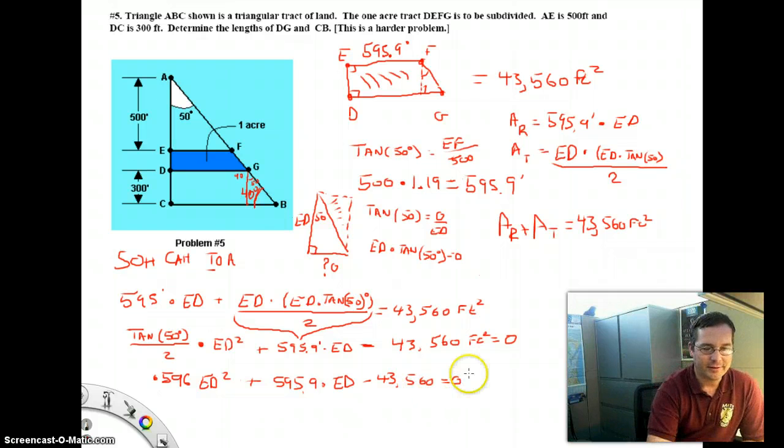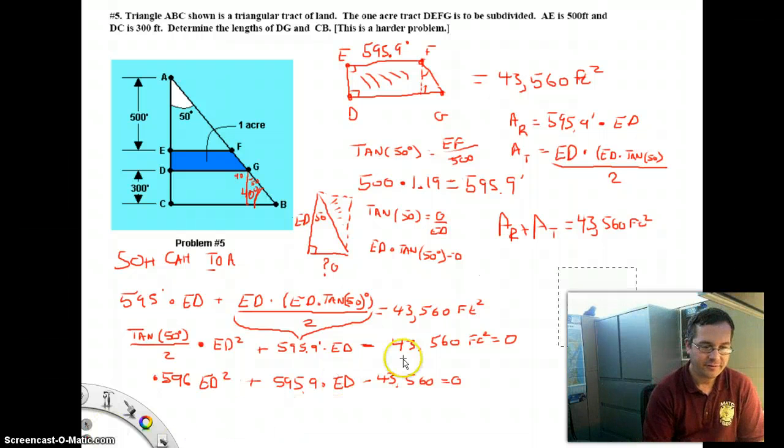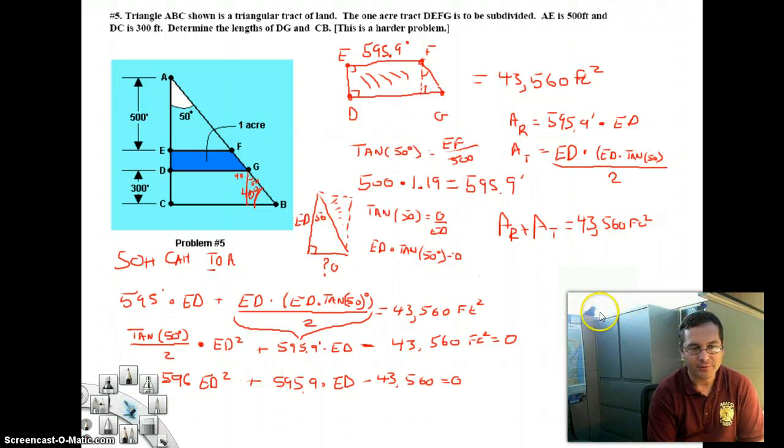Now, you may recognize this as a polynomial that would lend itself to solving through the quadratic equation. So I've pasted in the quadratic equation where you could plug in each of these numbers, and through a lot of elbow grease you could use this to calculate the roots of this equation.